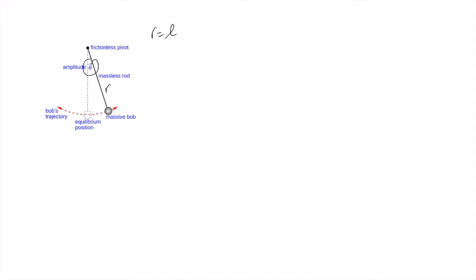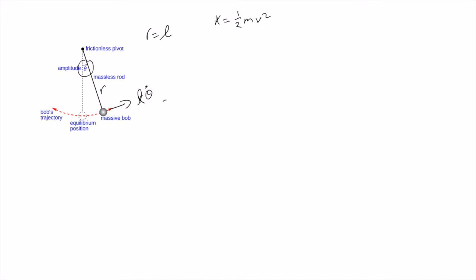So the way to proceed is to write down the kinetic energy, and that's a half m v squared as usual, where v is equal to L theta dot, where r is actually L, the length of the pendulum. This comes from the arc length, s, being the radius of the circular motion times the angle.